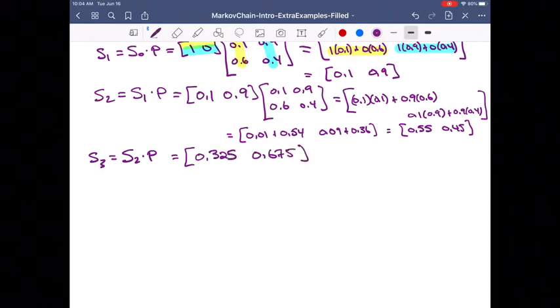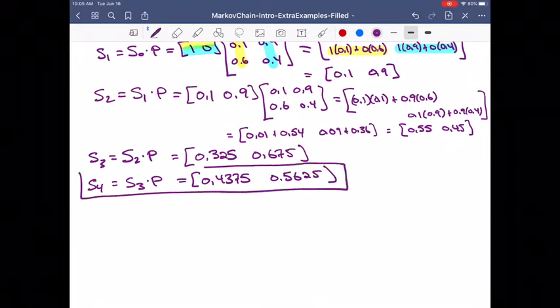So again, they add to 1. And then S4 is going to be S3 times P. So we take this one and we multiply by P. And then we're going to get 0.4375 and 0.5625. So this is our S4.